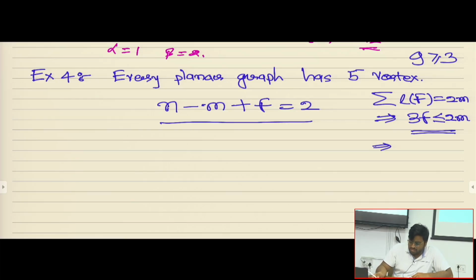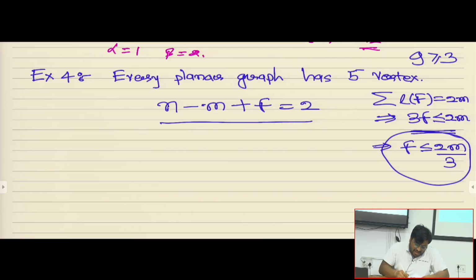Directly for exercise 3, I have asked about that. So I have tried to formally prove that. We have f is less than or equal to 2m by 3, and we will put this inequality in the Euler formula.